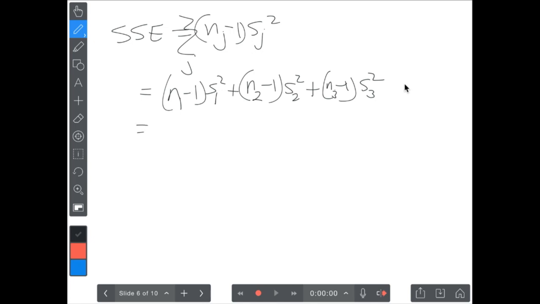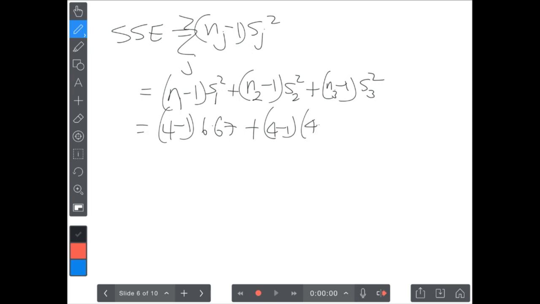So from our data, we would have 4 minus 1, which is 3. Or maybe let me just leave it as 4 minus 1, so at least you know where it came from. 4 minus 1 times 6.67, plus 4 minus 1 times 4.67.